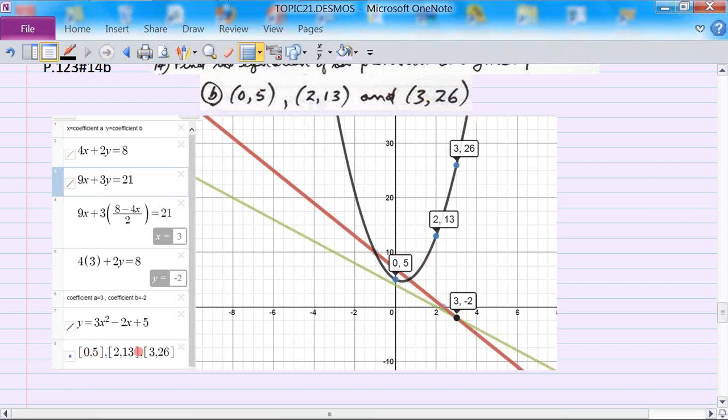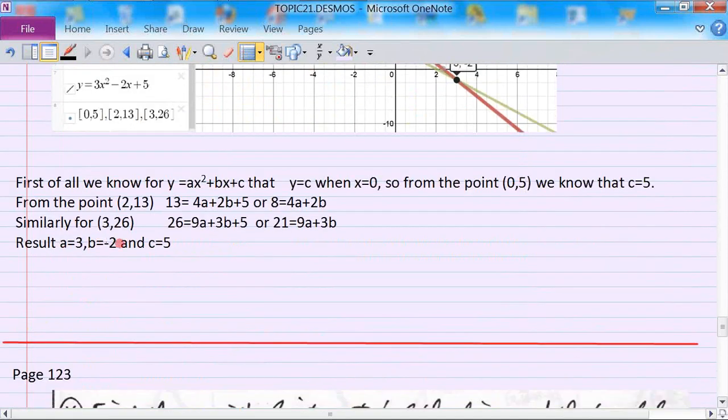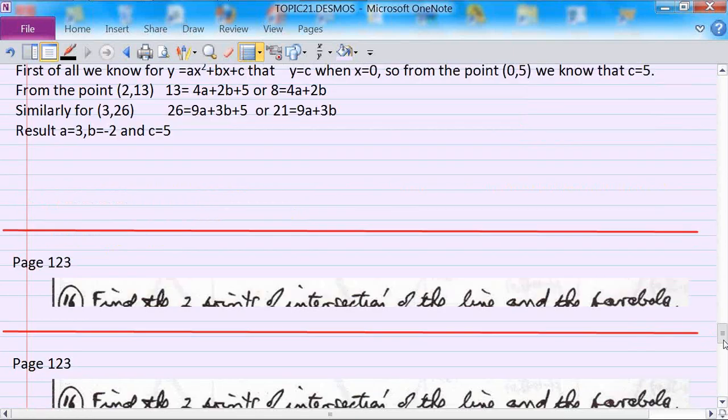Now I put in the 3 points given in the problem, and lo and behold, they appear on the graph. If this equation was not right, these points would not fall on the graph. So A equals 3, B equals minus 2, and C equals 5.